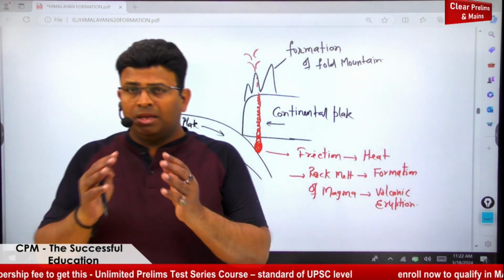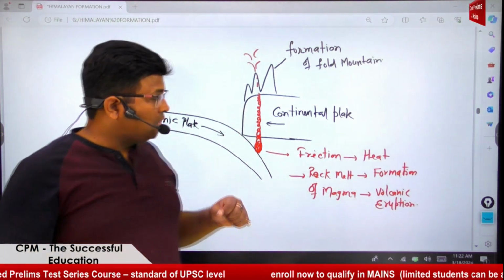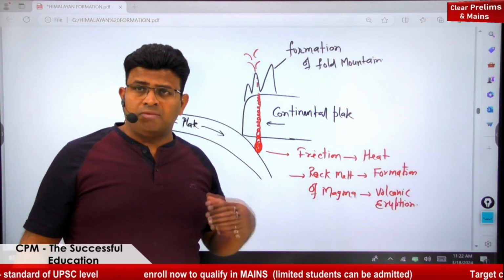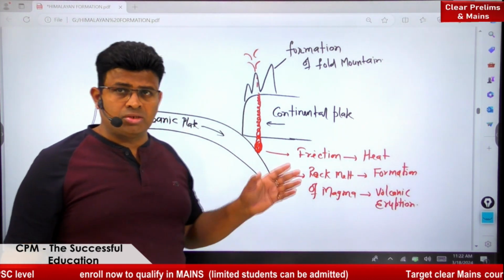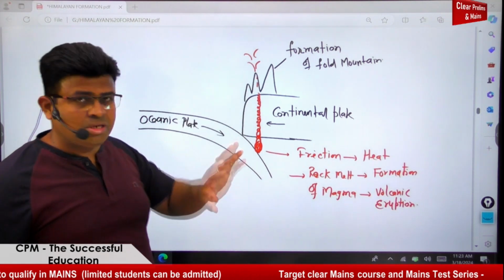You know that any molten thing expands, becomes lighter and starts moving upward. And when it moves upward, it can cause explosive volcanic eruptions. Understood? So this way an explosive volcanic eruption takes place.